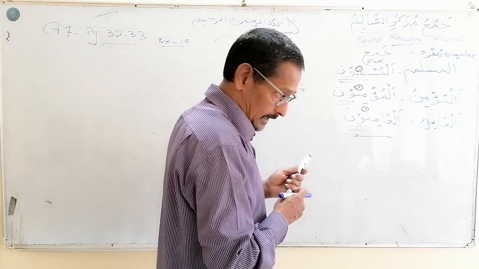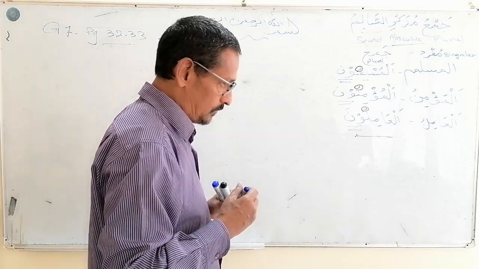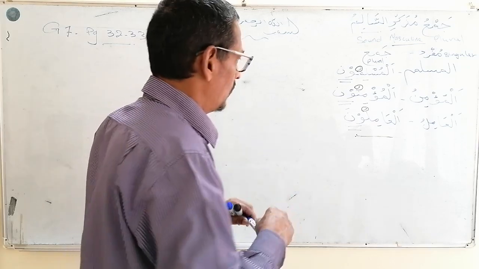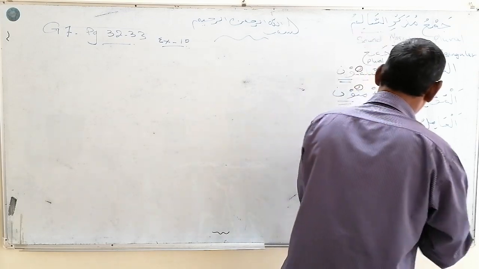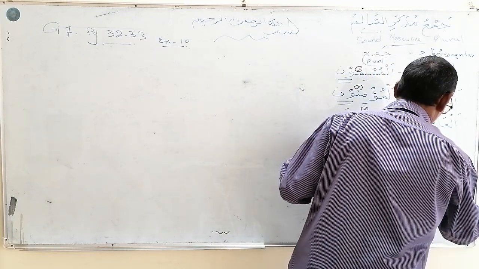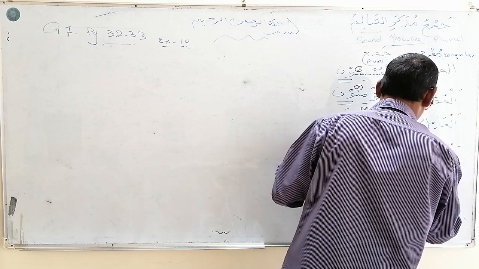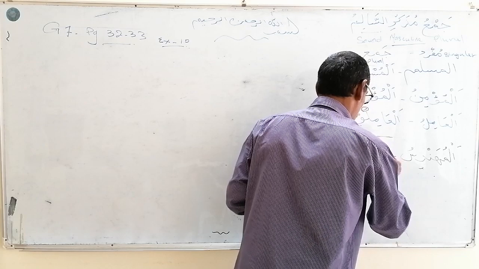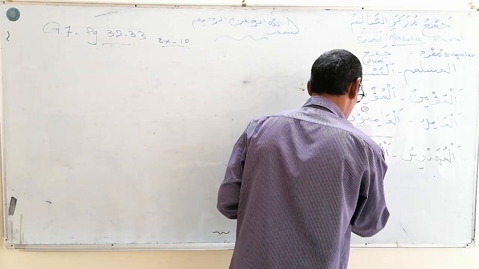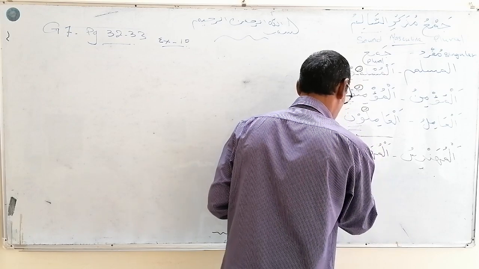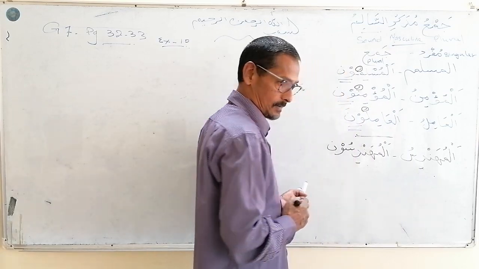There are many Arabic nouns that could be converted into plural using waw and noon. Many, so many. We have al-muhandisu, the plural is al-muhandisuna. The engineer, the engineers.